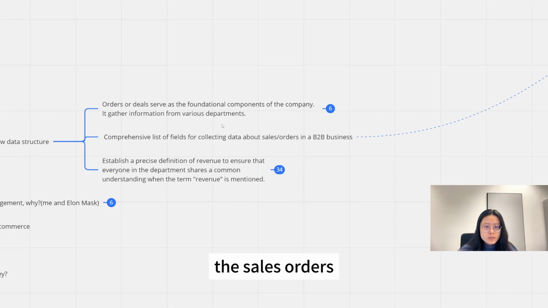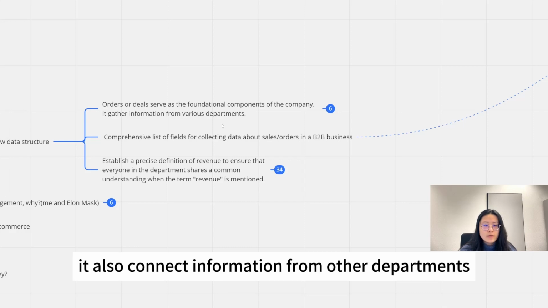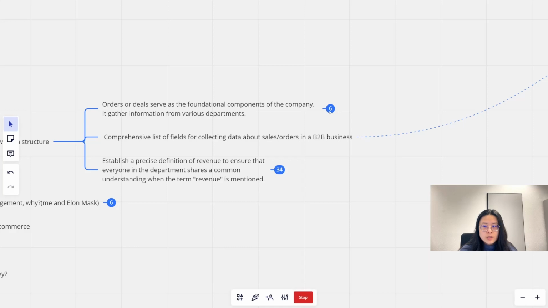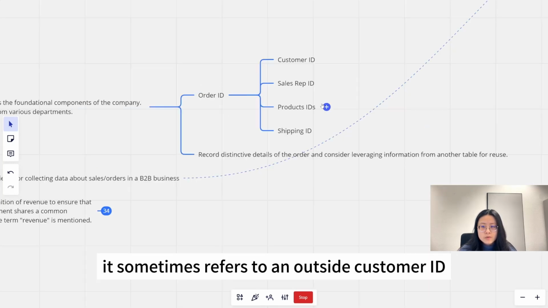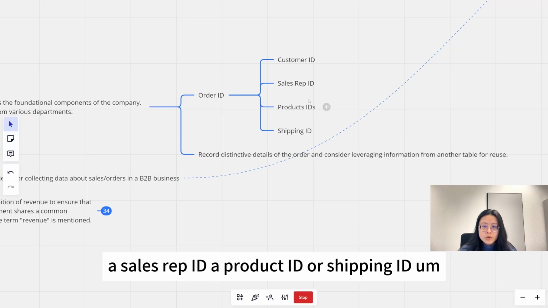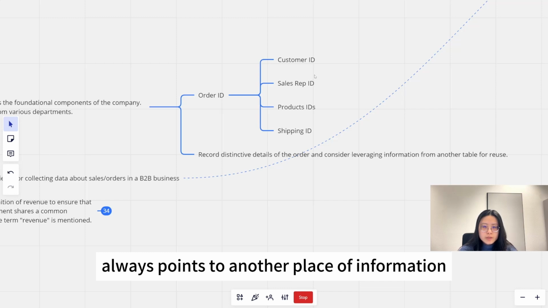The sales orders are not only living in the sales department, they also connect information from other departments. And in the concrete information of these orders, it sometimes refers to an outside customer ID, a sales rep ID, a product ID, or shipping ID.